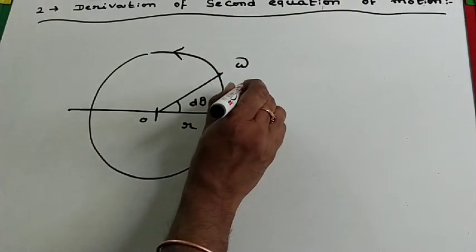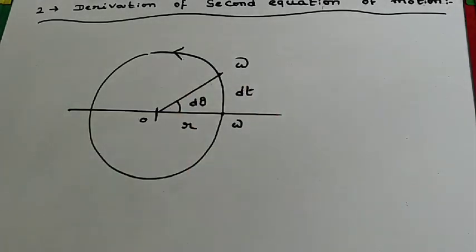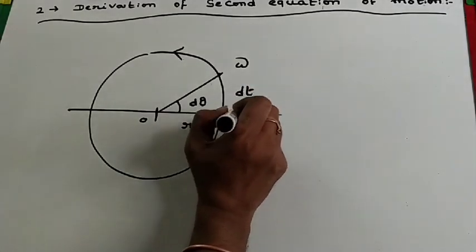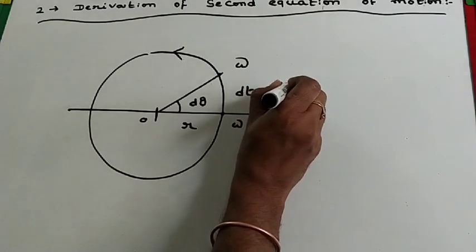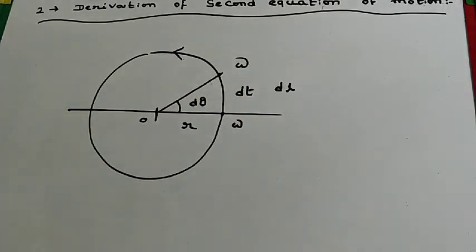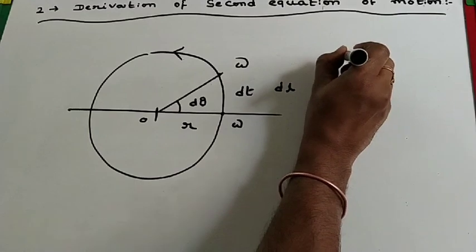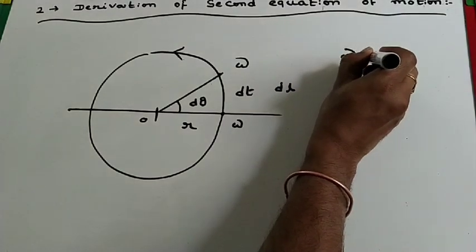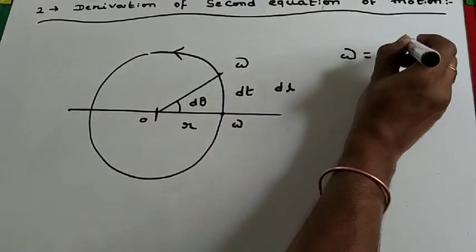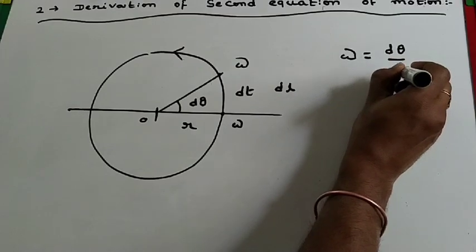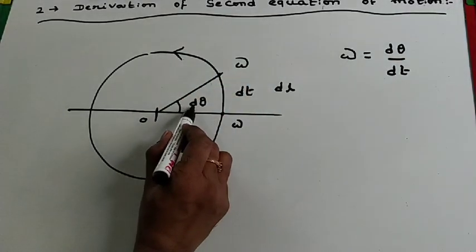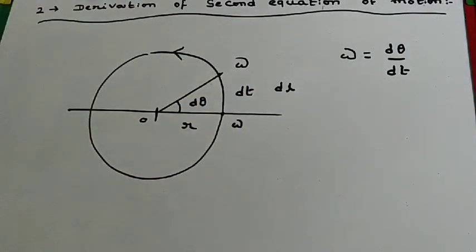The time taken is dt. Therefore, the length is nothing but dl. Therefore, omega is equal to d theta by dt.